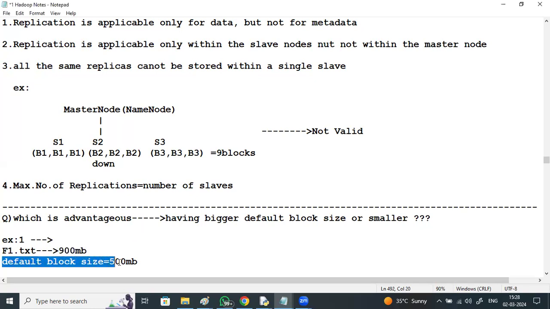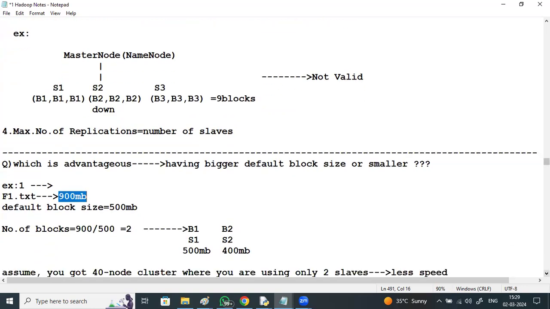With a block size of 500 MB, into how many blocks will this file be divided? 2 blocks, B1 and B2.